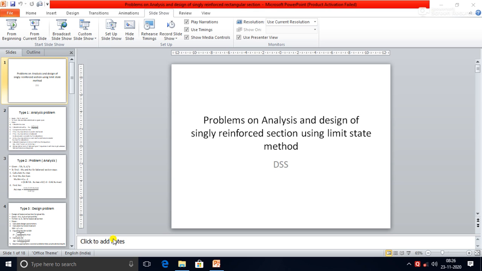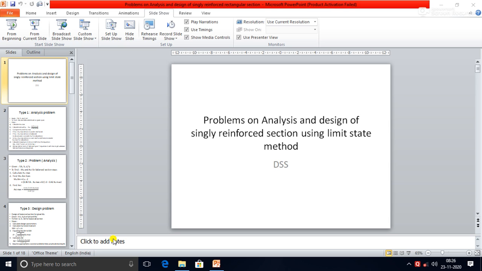But now, when we are going to design problems, we must know which type of section we want to design. That section means a balanced section, an under-reinforced section, or an over-reinforced section.